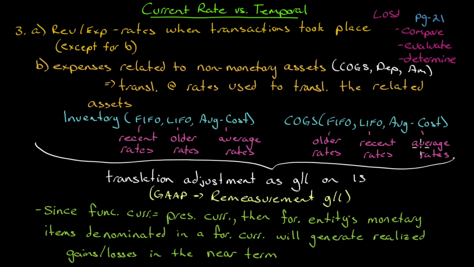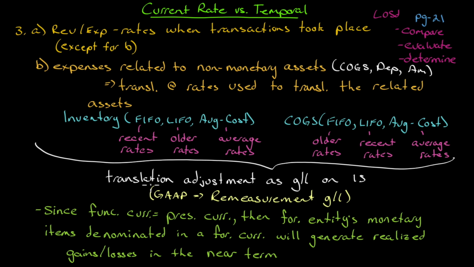And the accounting system would have to be tied in to currency rates all the time, so that when you entered something into inventory, it would capture the currency rate at that point in time, so that you could recognize your cost of goods sold, because it's a non-monetary asset, at the rate used to translate the related asset. Wow. That turns into a nightmare. So just be aware that this is a huge expense to do.